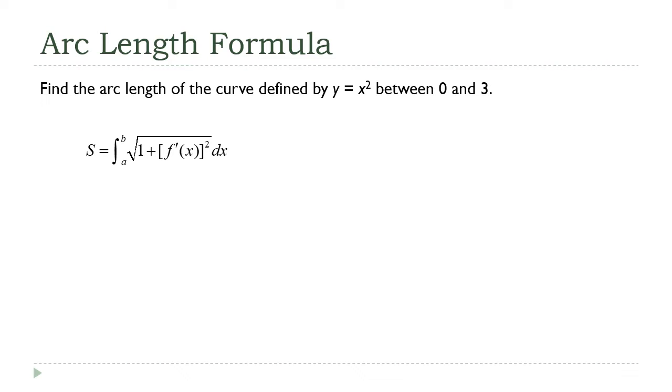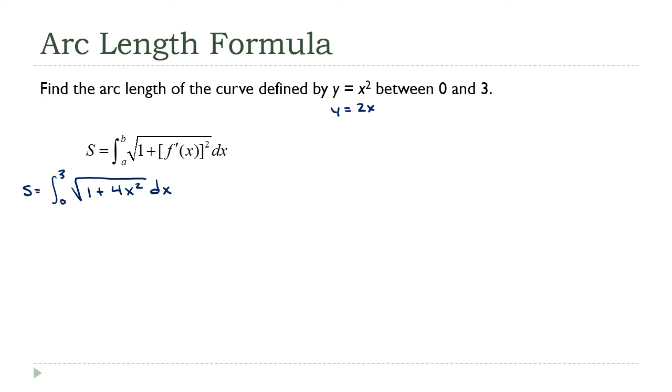So we're going to use our formula here, right? And so I'm going to start by needing y prime. So y prime is equal to 2x. Right, so that makes my formula here the integral from 0 to 3 of the square root of 1 plus 4x squared dx.